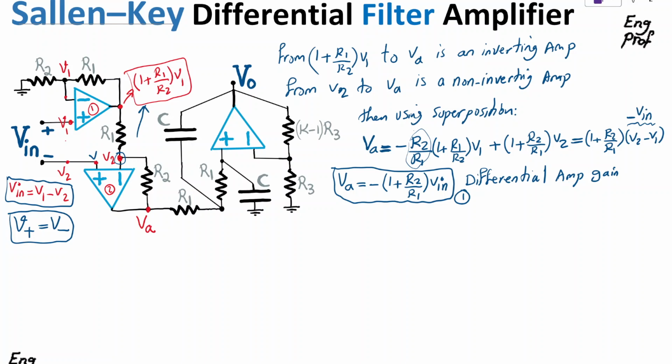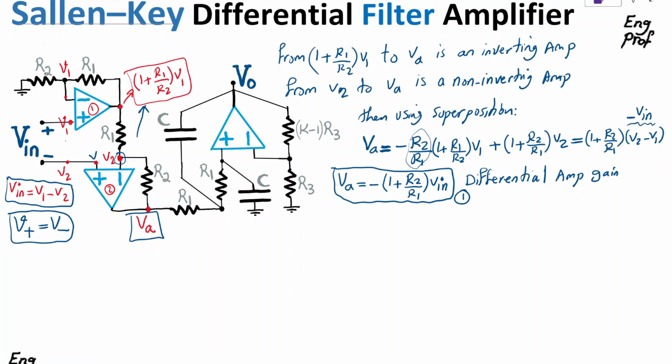Now I'm going to focus on the rest of the circuit. So we got to this point VA. Now I need to deal with the last op-amp, which effectively implements the last portion of the Sallen-Key, in this case a low-pass filter, because of the way the caps are arranged. If the frequency goes super high, the caps will short.